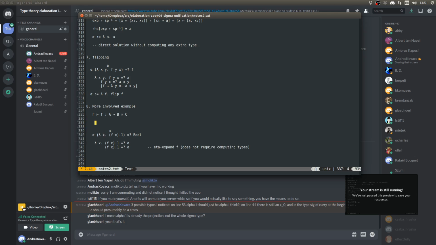It's the same as before. So we get an f1 which goes from a to b, and then we get an f2 which goes from a to c, and there is this running expansion substitution.